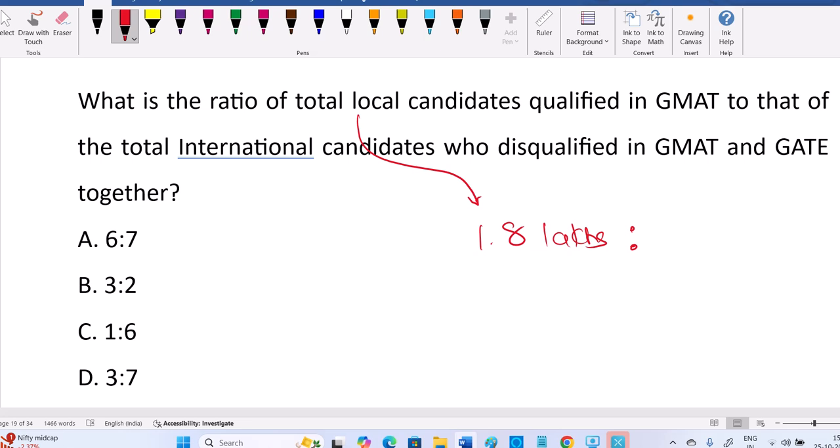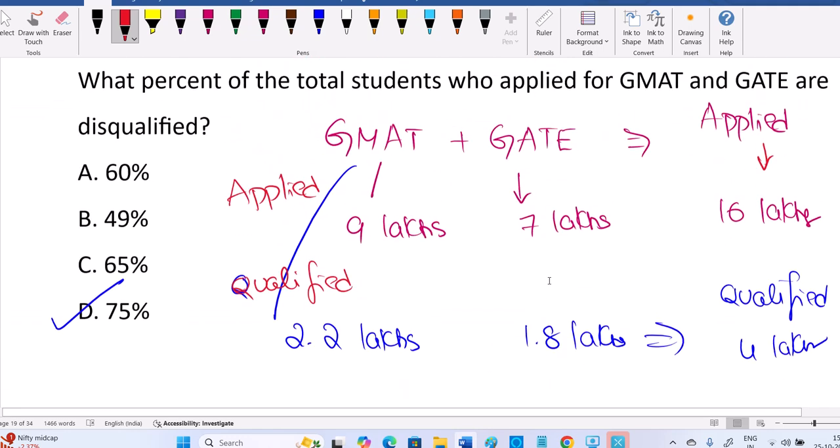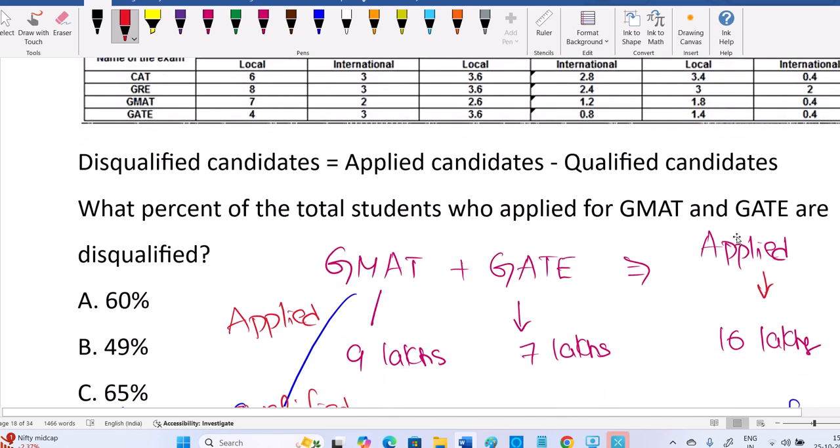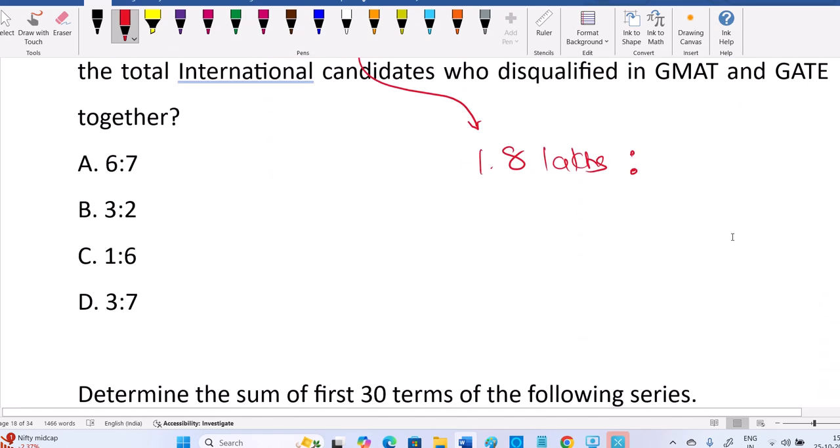Disqualified international students, how can we get them? How many applied minus qualified in international? GMAT applied international is 2 lakhs, qualified is 0.4, means 1.6 disqualified in GMAT.